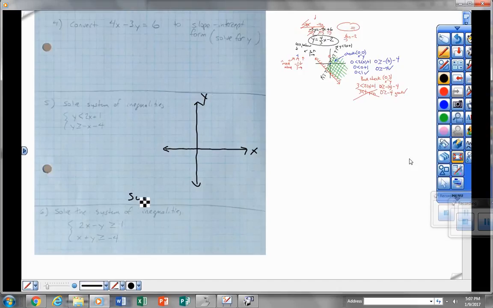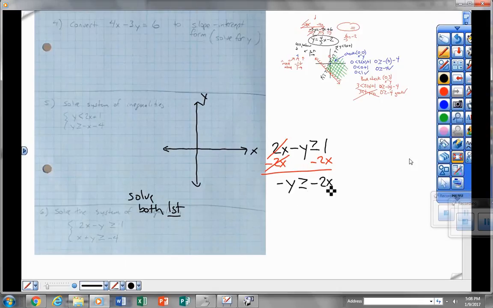So that first inequality, 2x minus y greater than or equal to 1, I'm going to solve that by subtracting 2x on both sides first. And that gives me negative y greater than or equal to negative 2x plus 1.